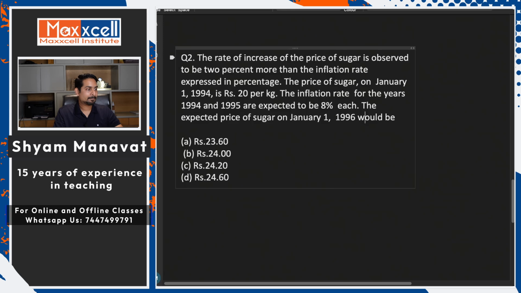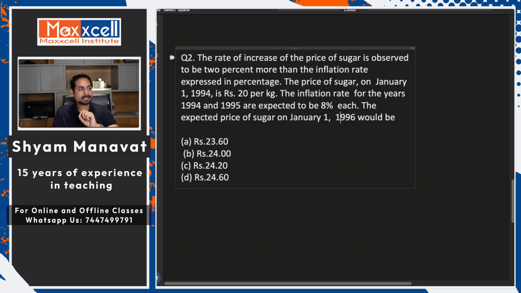The expected, okay, so that means for the years 1994 and 1995, in both the years the inflation is 8%, right? The expected price of the sugar in 1996, what are they trying to say?